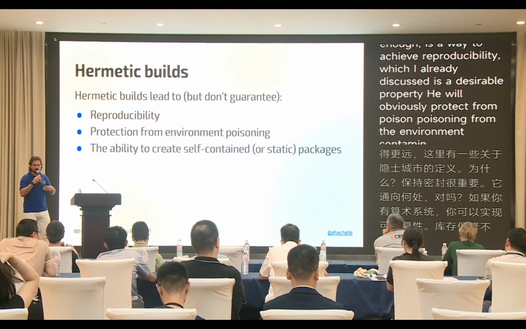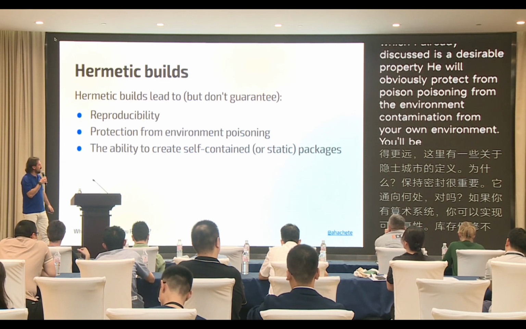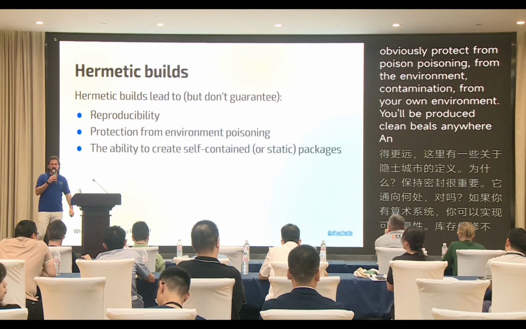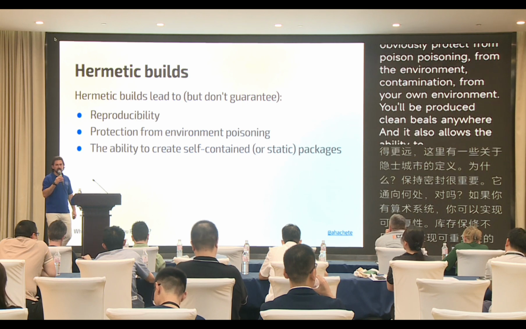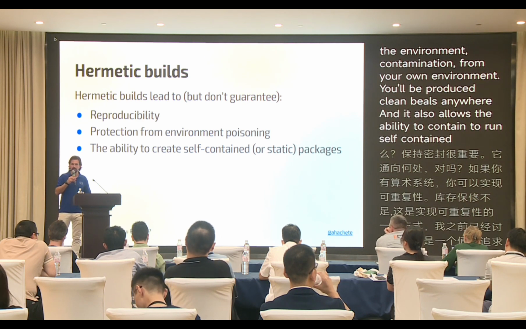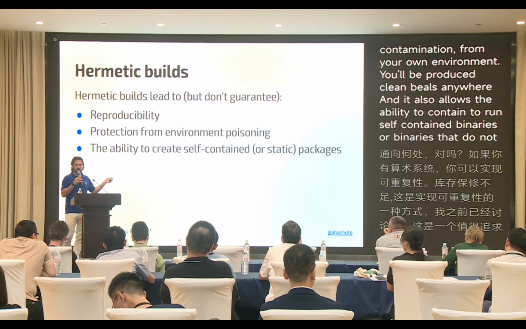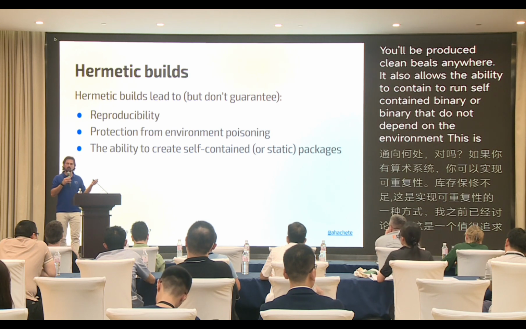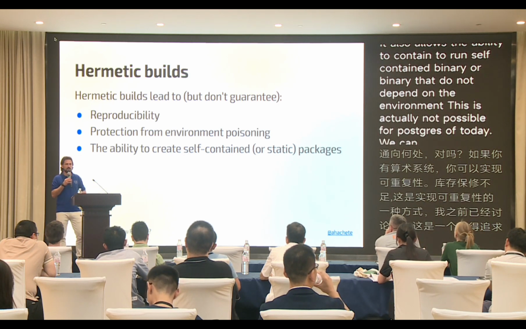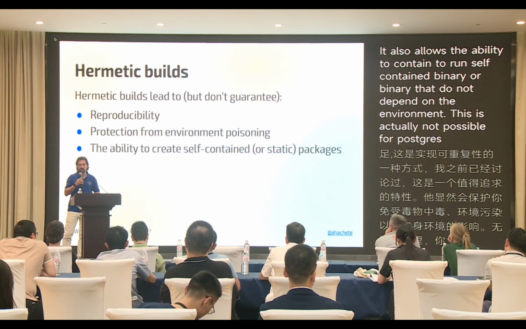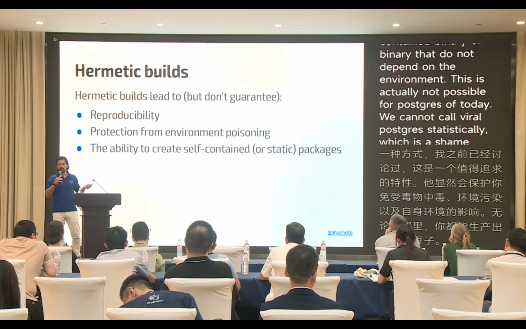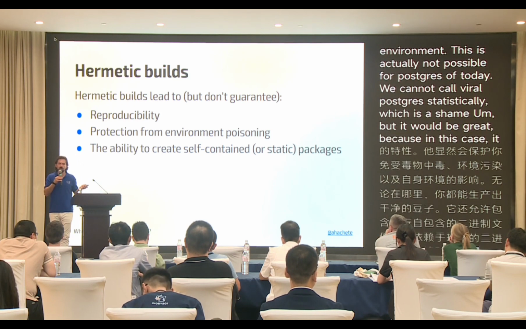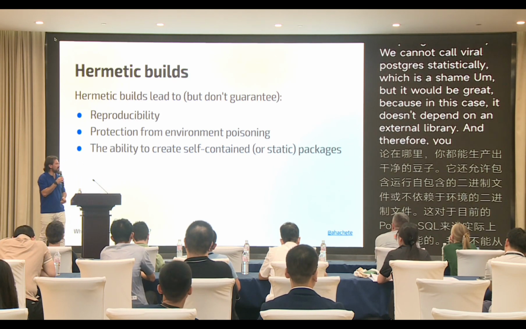You'll produce clean builds anywhere. It also allows the ability to run self-contained binaries, or binaries that do not depend on the environment. This is actually not possible for Postgres today. We cannot compile Postgres statically, which is a shame. It would be great, because in this case it doesn't depend on an external library, and therefore you know exactly what you're getting. You do not depend on the environment.